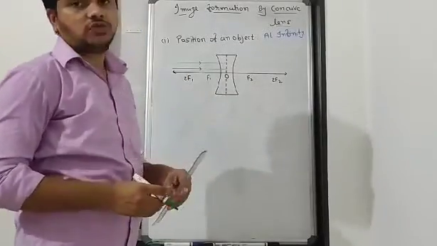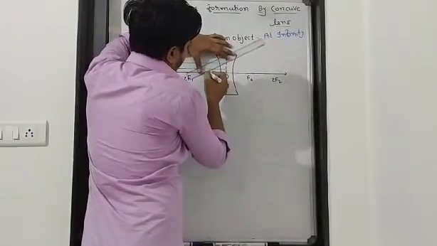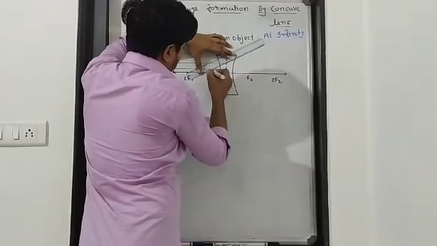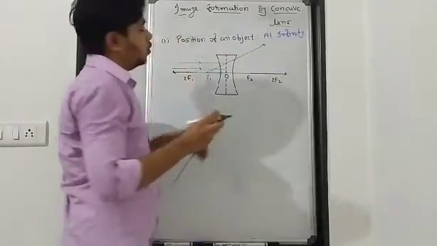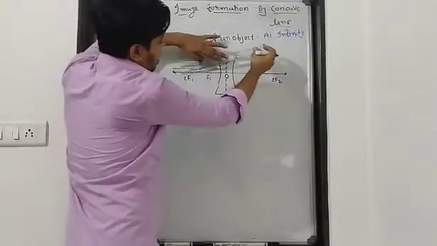Now, after refraction, what happens? It just diverges from F. This is also parallel to the principal axis, so it seems to be diverged from F also.